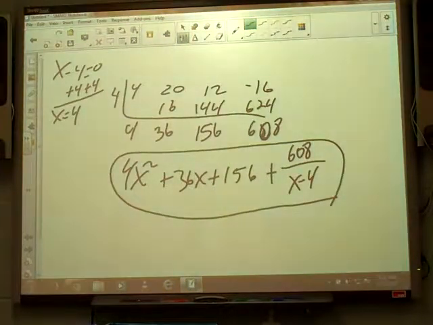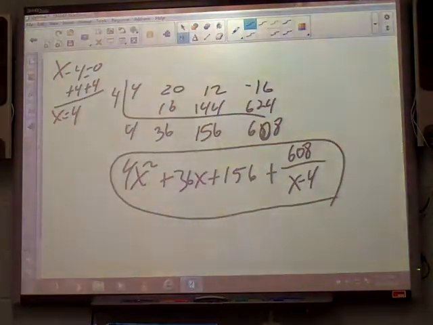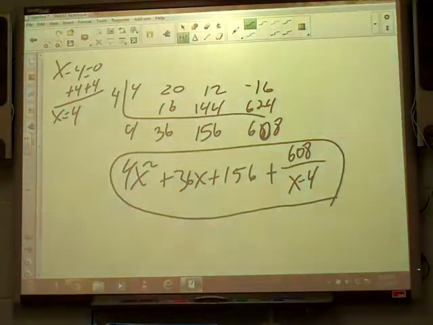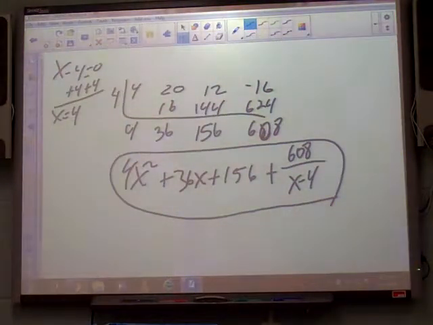What is it? I don't know. It's 4x squared plus 36x plus 156 plus 608 over the divisor. Oh, wrong, that's the remainder. So Trey, how would you solve number 5? Did we do that in our notes already?